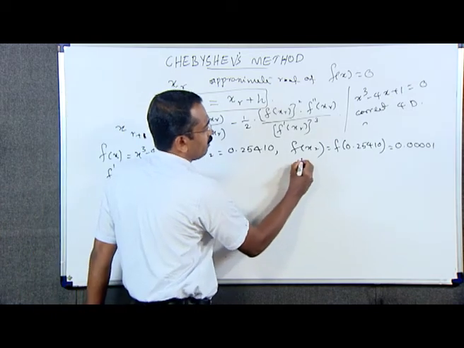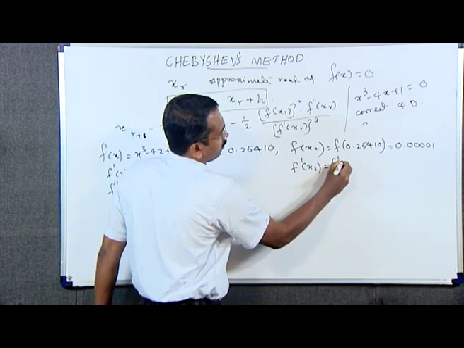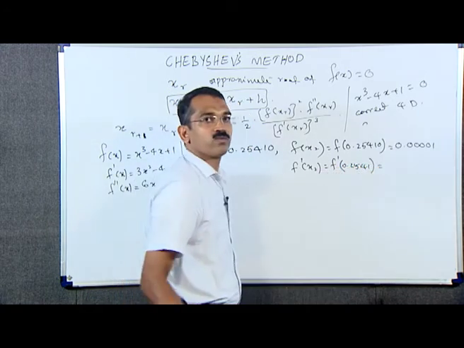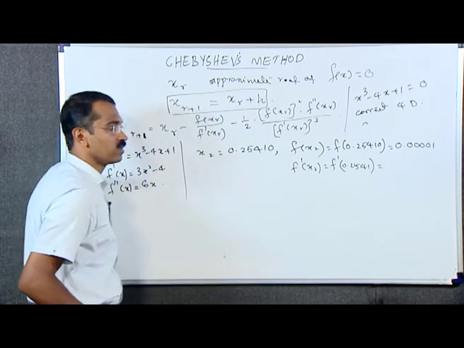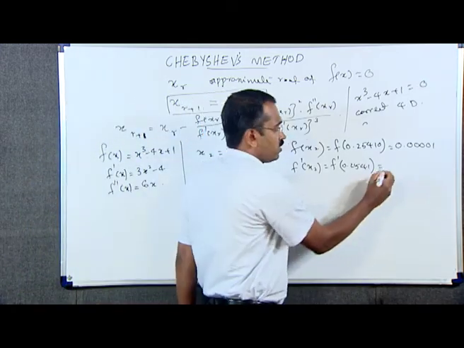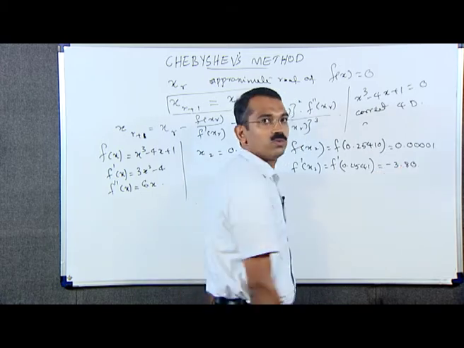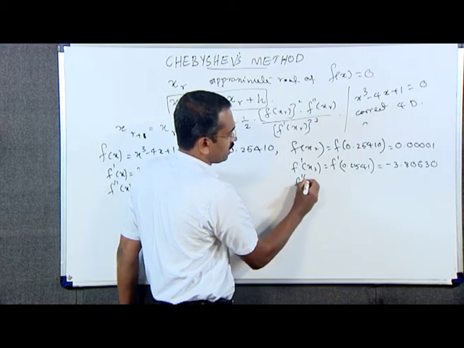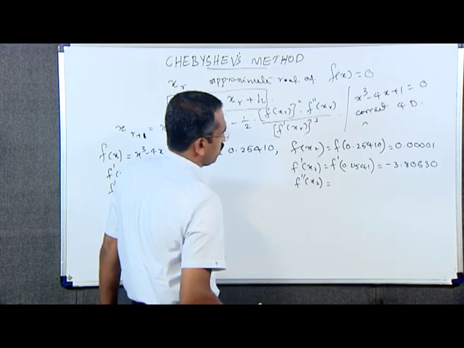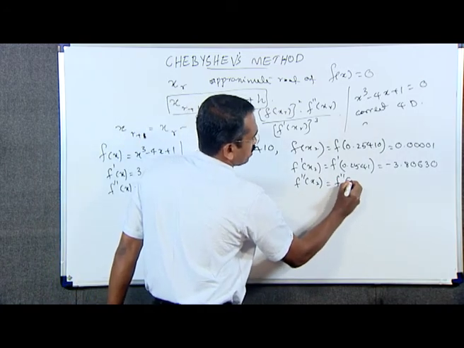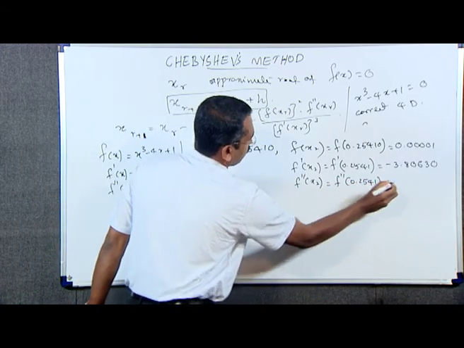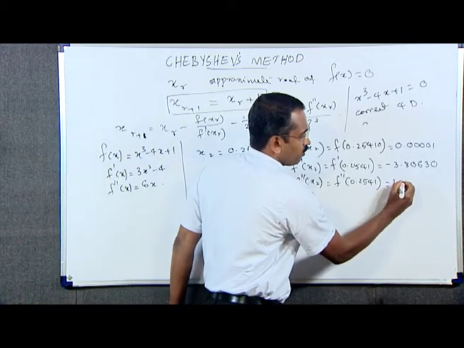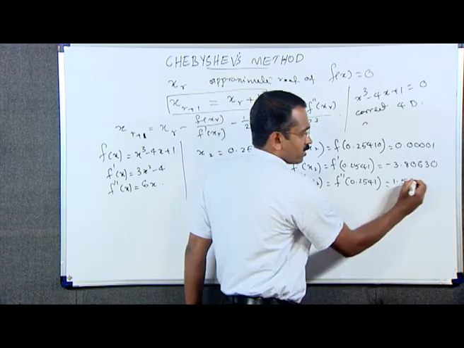And f dash x2, that is f dash at 0.2541, which is equal to, from this expression, minus 3.80630. And f double dash at x2, that is f double dash at 0.2541, which is equal to 6 into 0.2541, that is 1.5246.